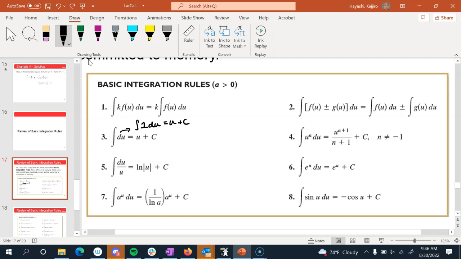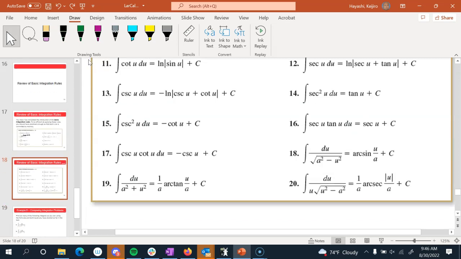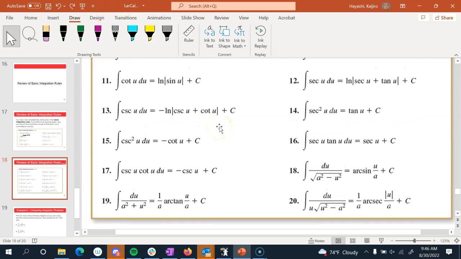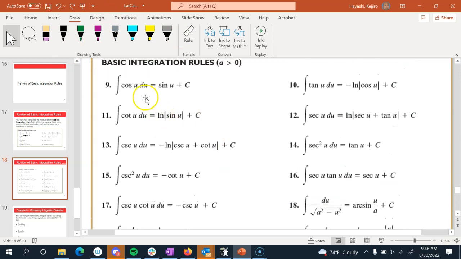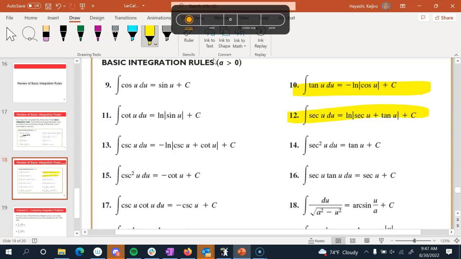which we also covered. Integral of sine is negative cosine. Integral of cosine is positive sine. I don't know if we necessarily covered this. Tangent of u is the negative natural log of cosine of u. Maybe I'll show you guys these two if we end up having time, which we probably will.